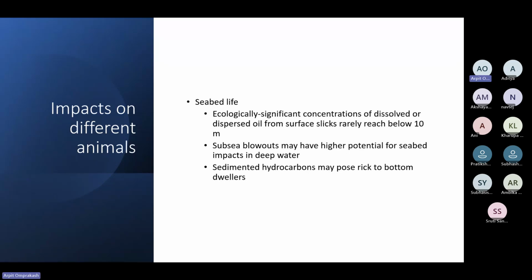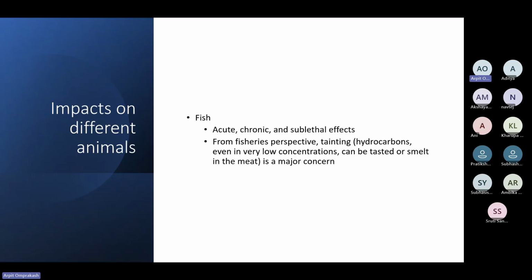But subsea blowouts, so inside the sea, if there's some leakage or spilling, may have a higher potential for impacting the seabed in deep water. And hydrocarbons that are sedimenting, coming down and settling, may pose risk to bottom dwelling animals.